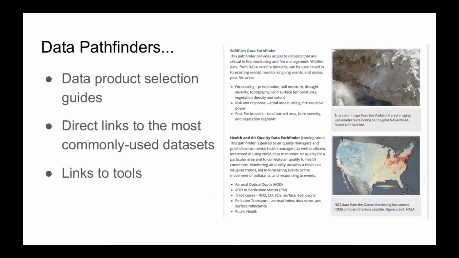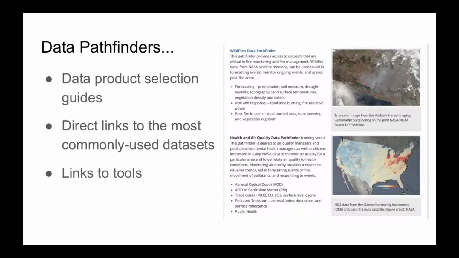Here is an example of the health and air quality trace gases opened up. And within each of these accordions, we link to science quality data from Earthdata Search. So that's the search client that returns all of the data sets. We specifically link to, again, the most commonly used data sets for nitrogen dioxide.